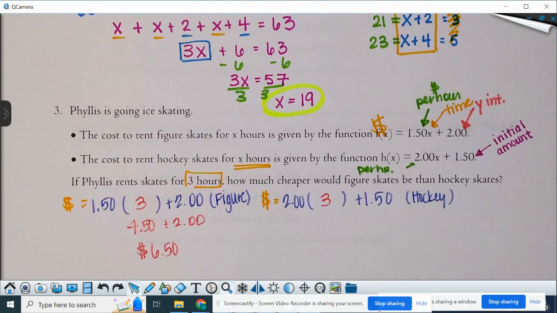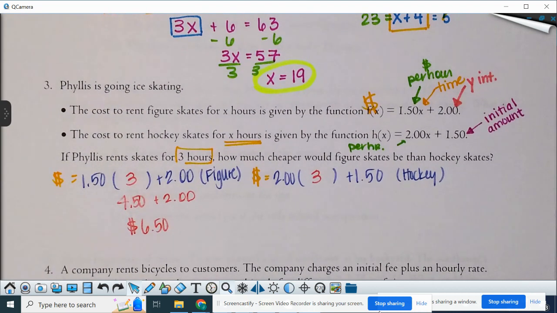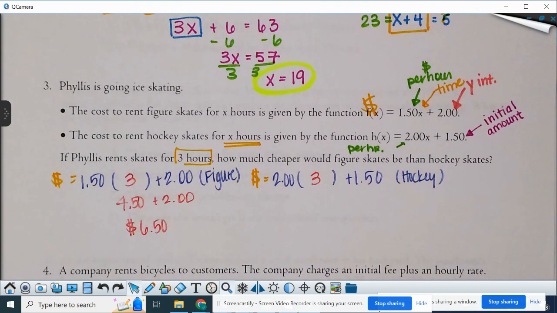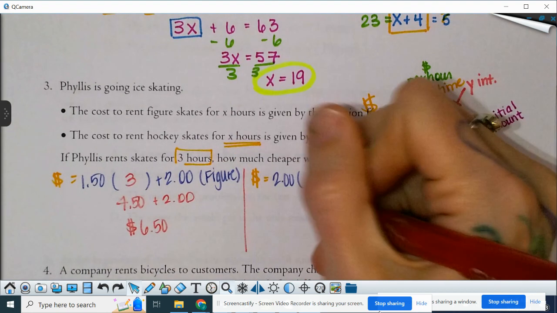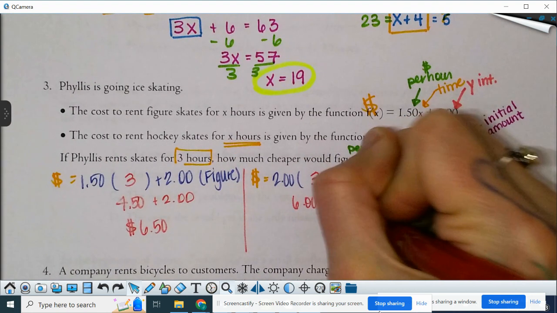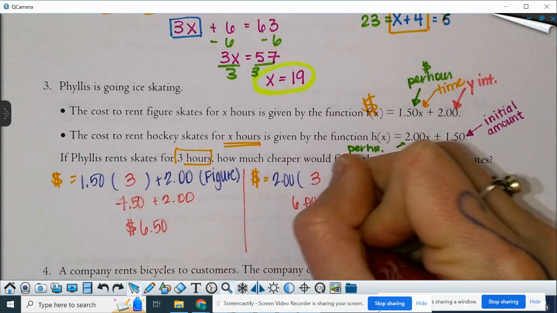How much is it going to cost her for 3 hours on hockey skates? Yes, good. So 3 times $2 is going to be $6 plus $1.50, which is going to cost us $7.50.